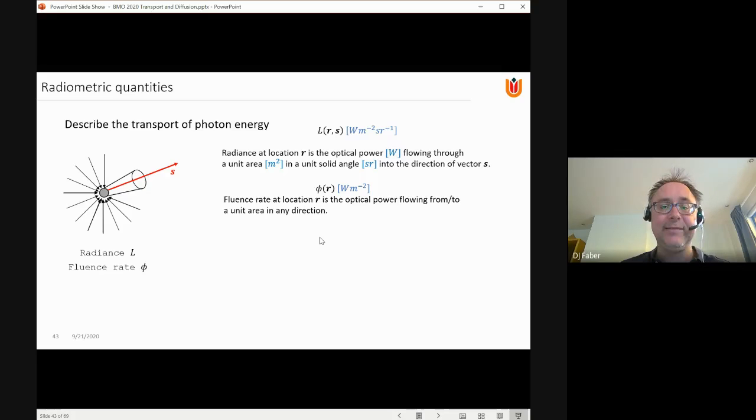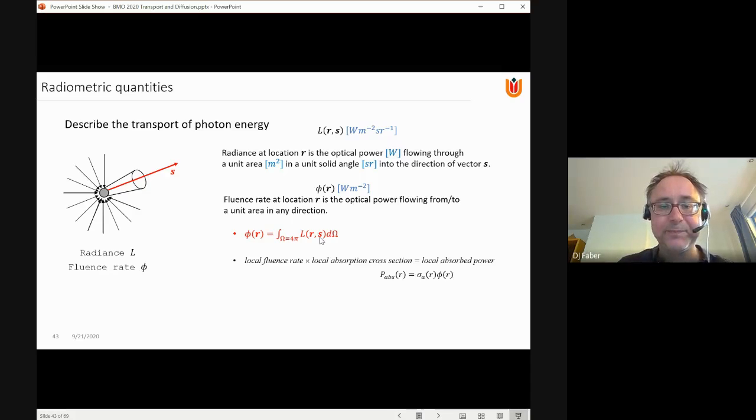So the fluence rate at a location R in the tissue is the optical power that flows through that unit area, probably best to say in any direction. We've integrated over the direction S over all these unit solid angles, so that drops out. Formally, that is written as this integral over the complete solid angle omega, so omega is 4 pi.